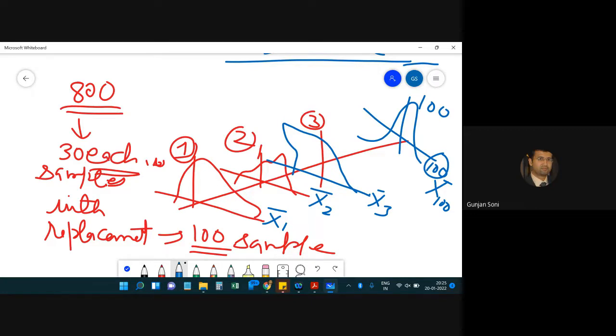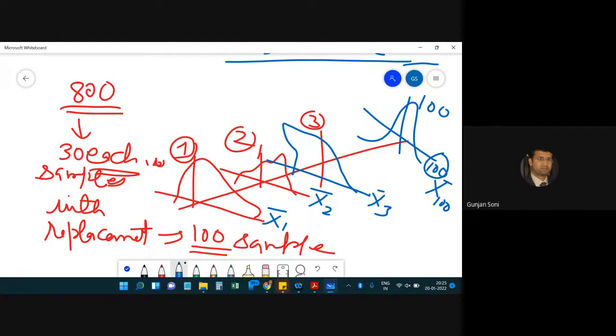We've taken 100 samples. In each sample 30 students are there, and their heights we have plotted, and we've got these curves. Okay, their distribution of height is like this. Getting it? Yes, sir.